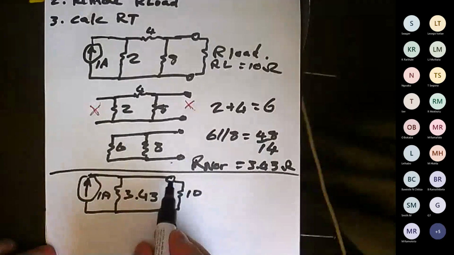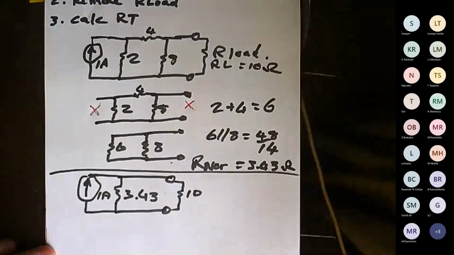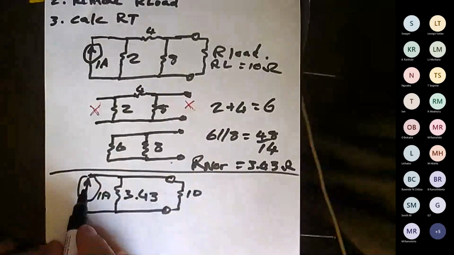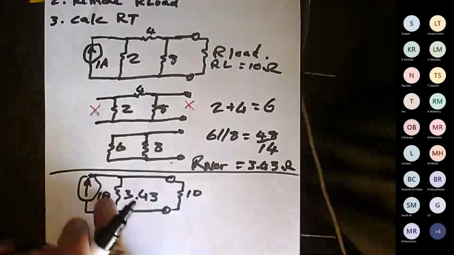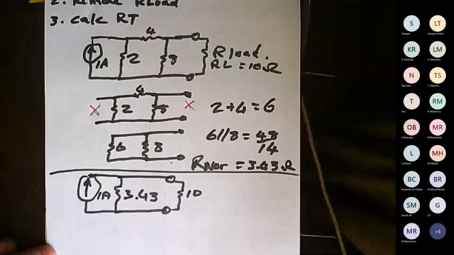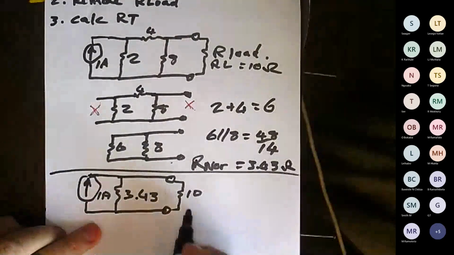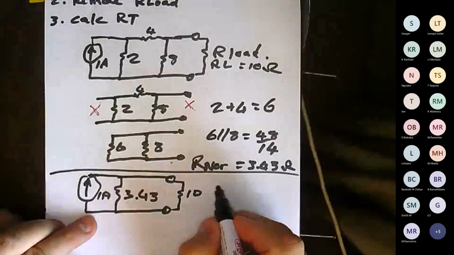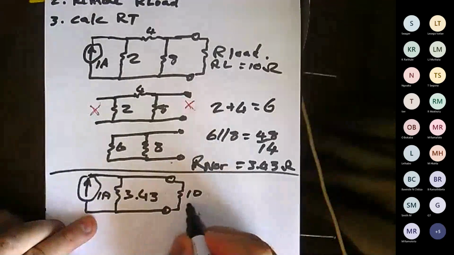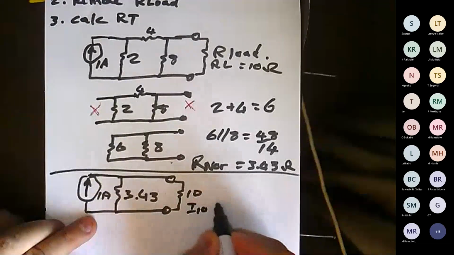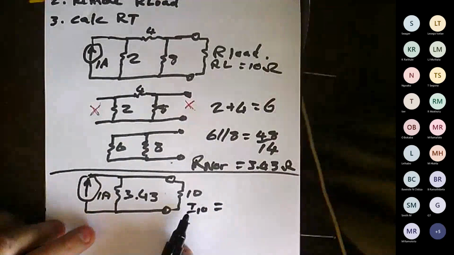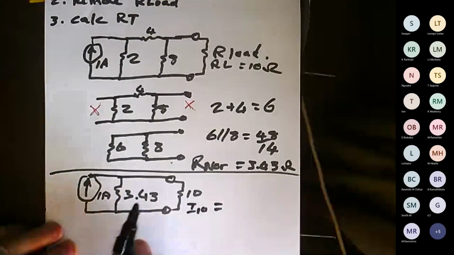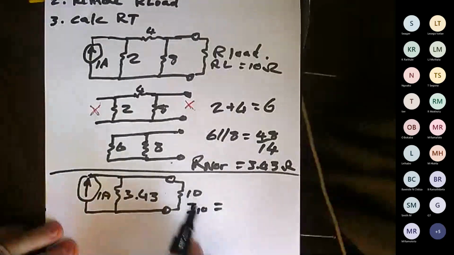Usually in the exam papers, I ask for the current through the load resistor. So to get this current, I can see there's a current here, and it's dividing into 2 legs: current divider law, remember that. So I'm going to say this current, I10, equals, do you still remember the law? It's 1 amp times that resistance divided by that resistor plus that resistor.